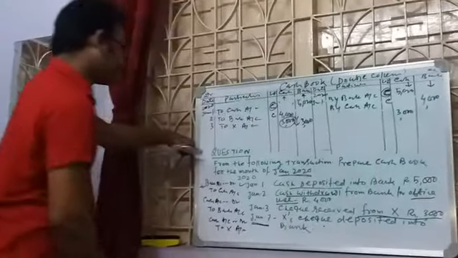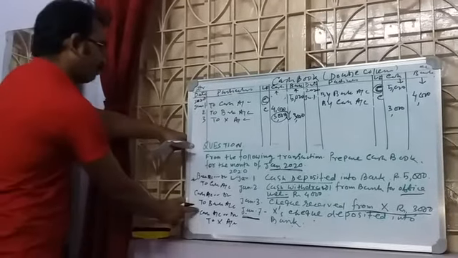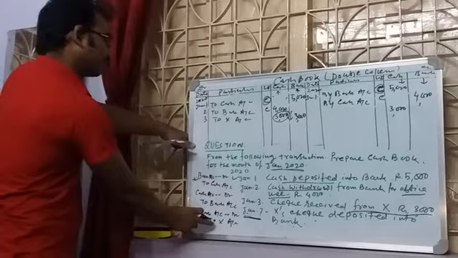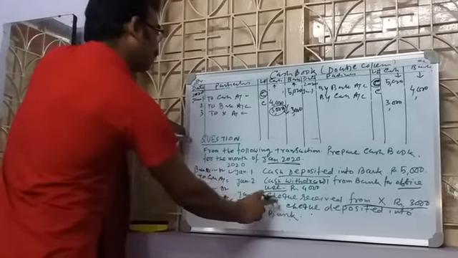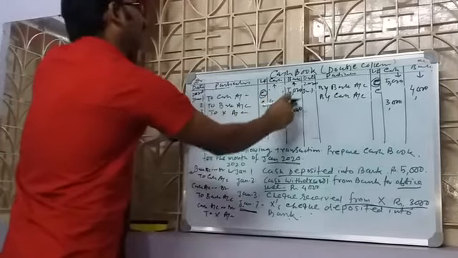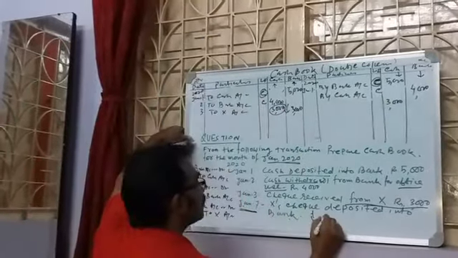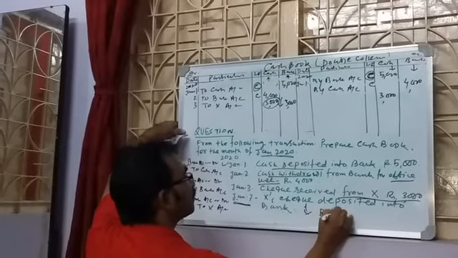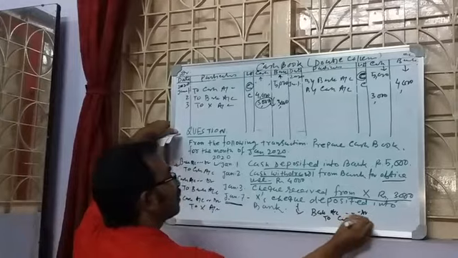So now what is the entry? The 3rd entry was cash account debit to X account. The 4th entry is when you are depositing to the bank, then bank account debit to cash account. This is a contra entry. For this, what will be the journal entry? Bank account debit to cash account.